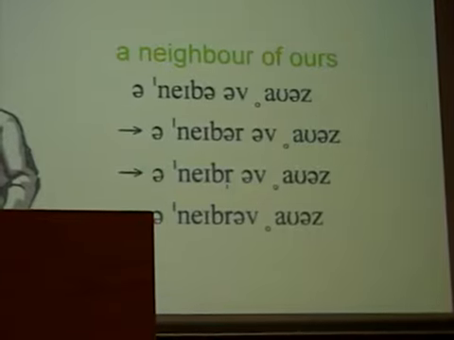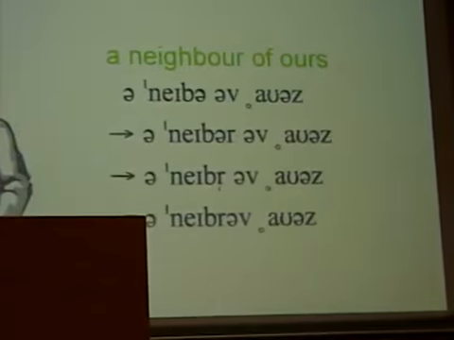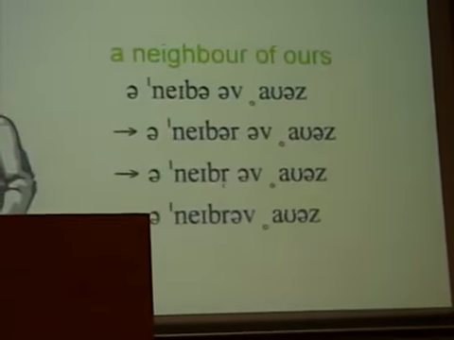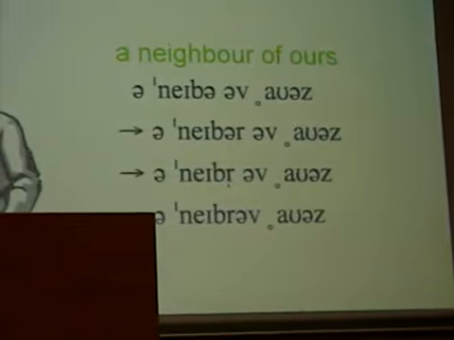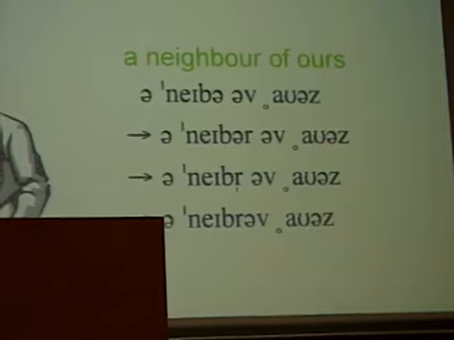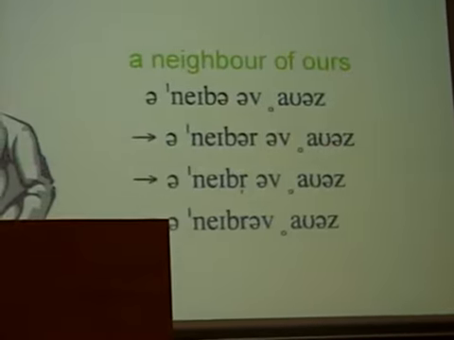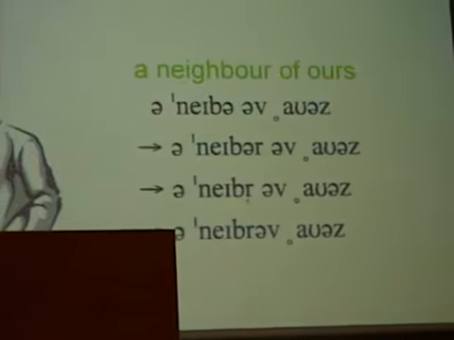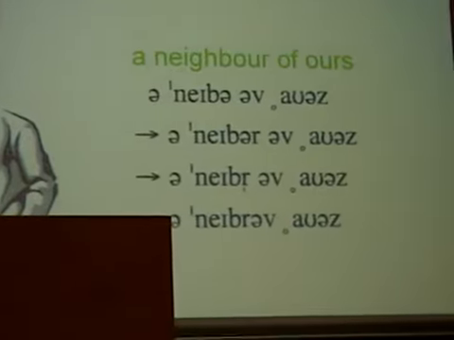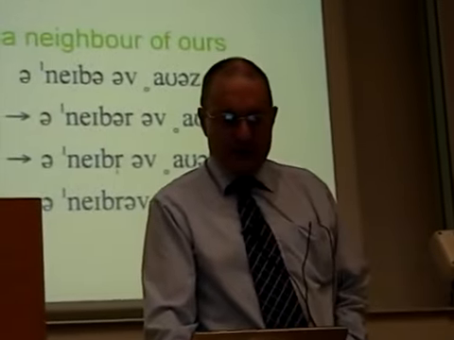Syllabic R can then lose its syllabicity because it's a weak vowel following, so compression to "neighbour of ours". So, in order to understand the kinds of things that you get in dictations, when we give you phonetic dictation of English, "a neighbour of ours", you've got to understand the regularities lying behind all of these rules of connected speech.